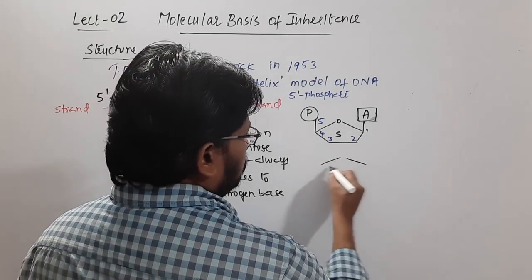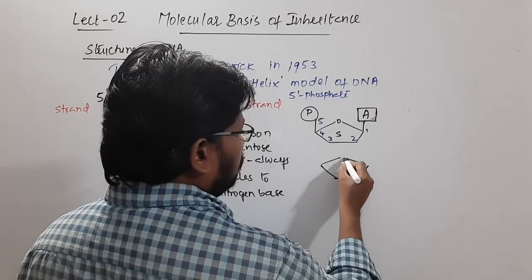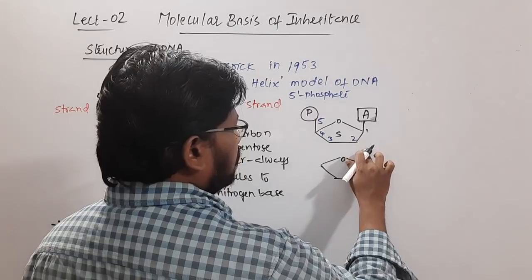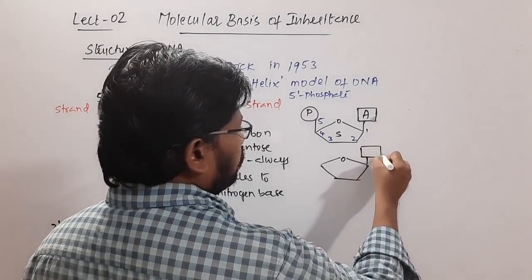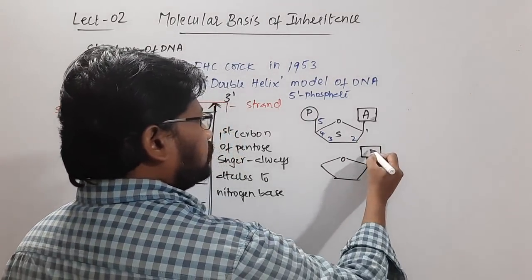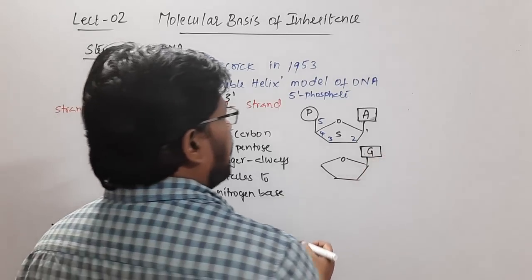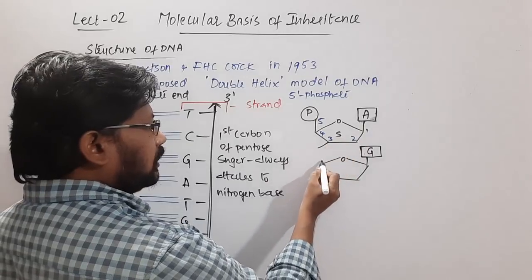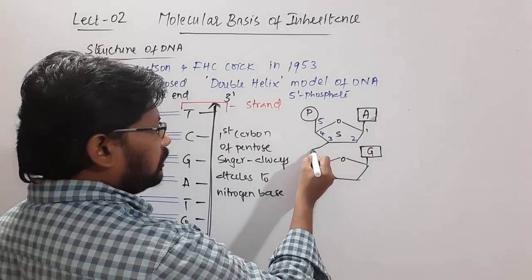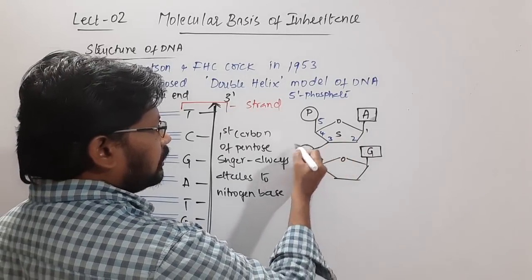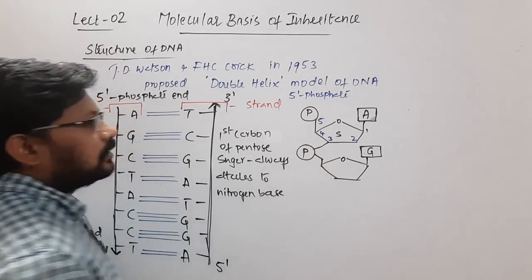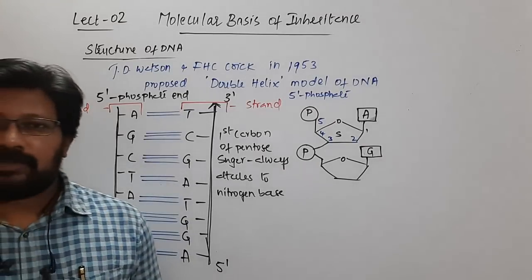The next one, let's see the next nucleotide here, and here again I am mentioning the nitrogen base, say G. Here the 3 dash end of one pentose sugar and the 5 dash end of another pentose sugar join to the phosphate group.